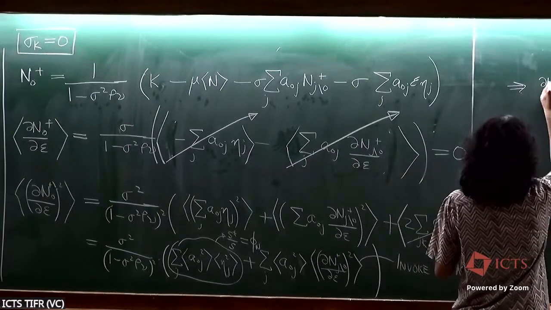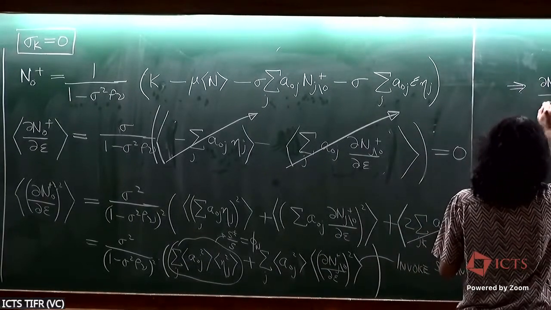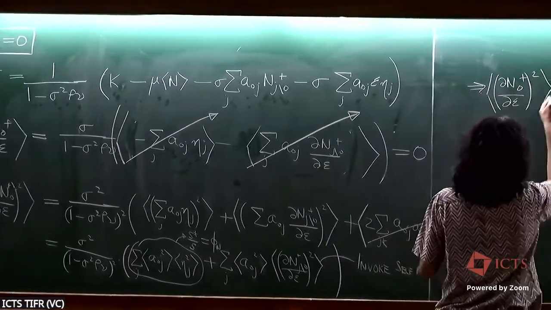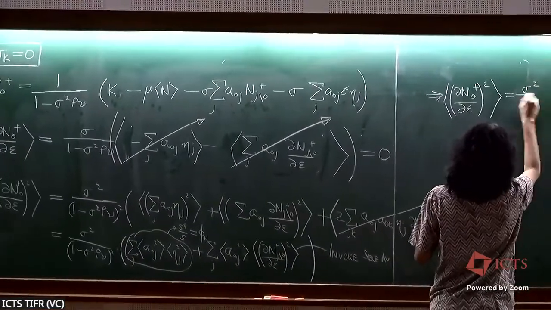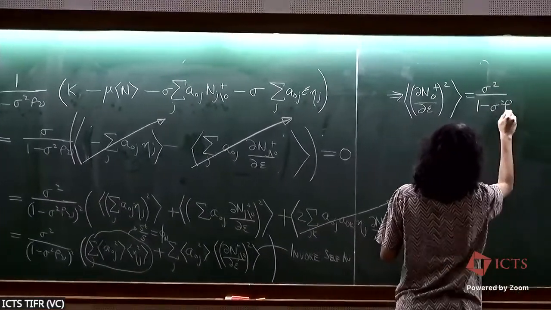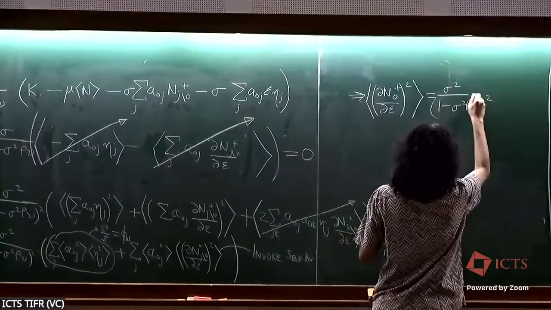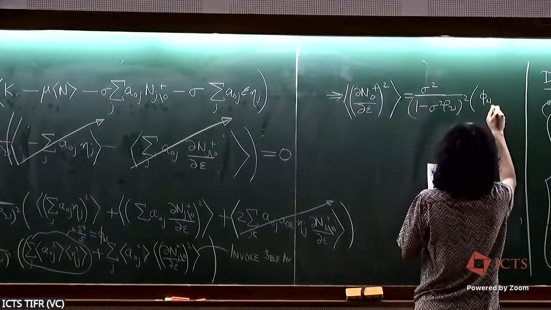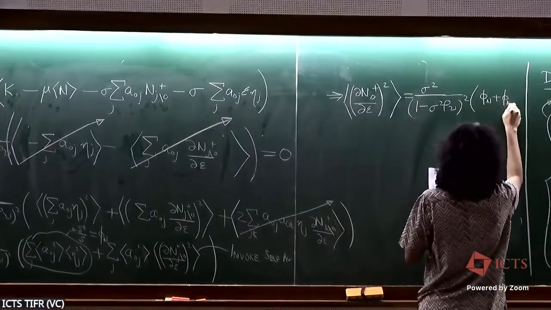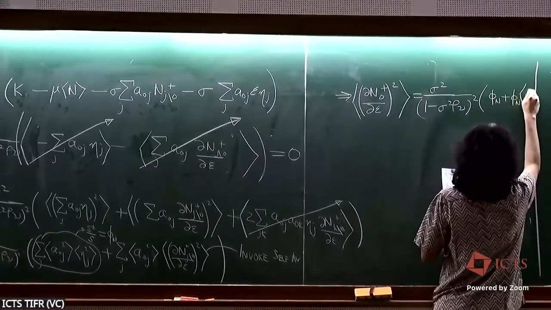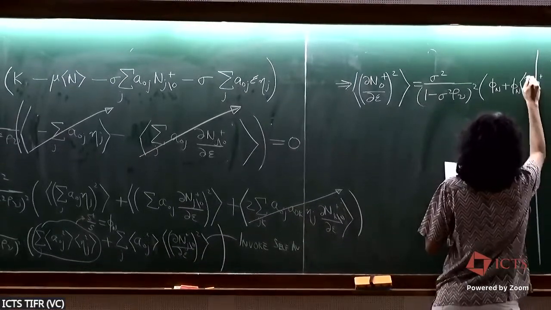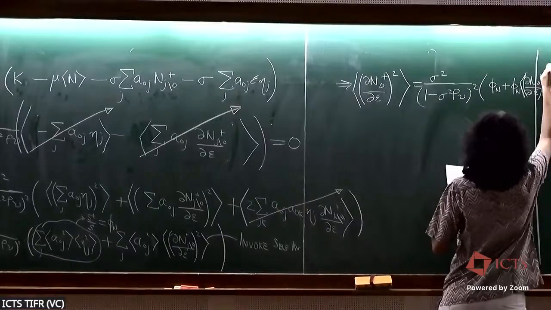We end up with del n0 plus del epsilon squared average equals this whole thing times phi n plus phi n times del n0 plus del epsilon squared average.